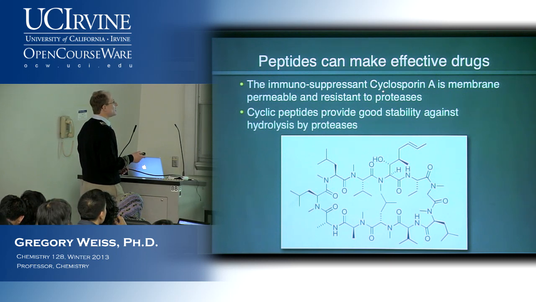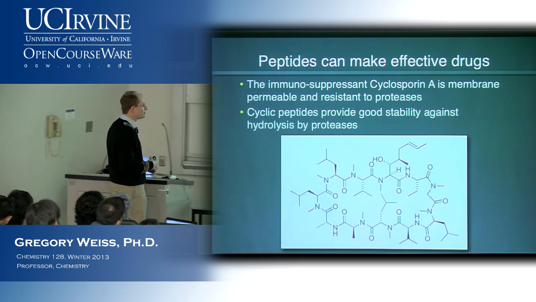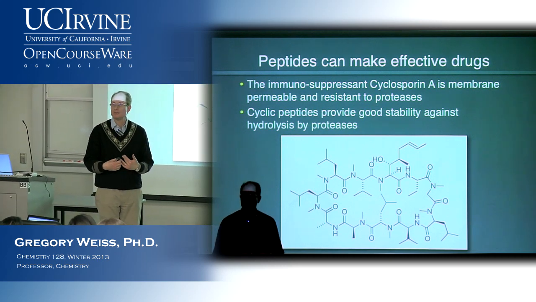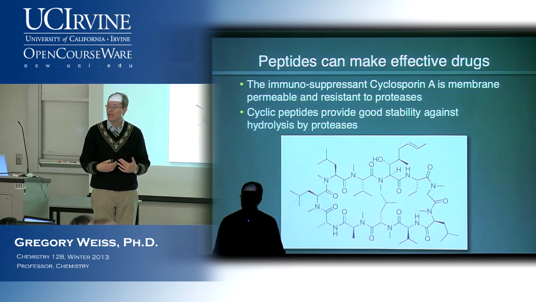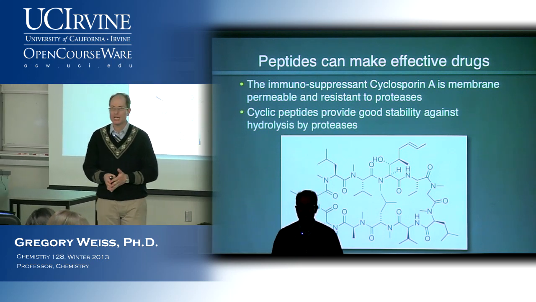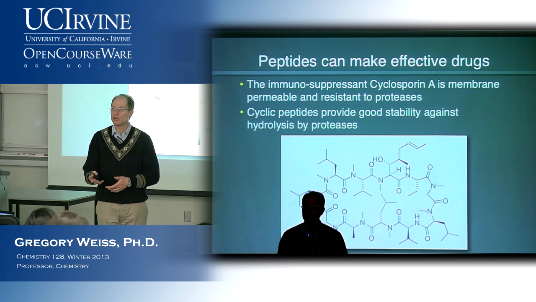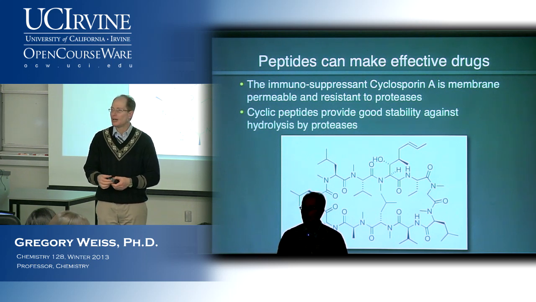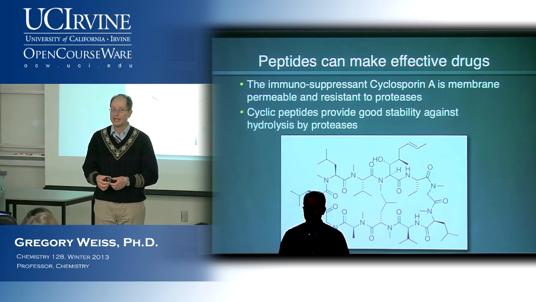This is actually given to transplant patients who have had liver transplants, other types of transplants, as a way of suppressing their immune system. It's an immunosuppressant. Notably, this is kind of a big exception amongst peptides because it can be given orally. Okay, meaning that you can give it to someone in pill form and they can take it that way.